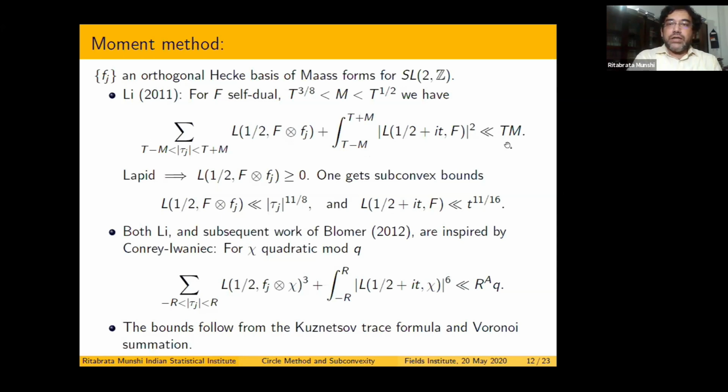Then this is bounded by T times M, so it's actually T to the power 1 plus epsilon times M, but I'm going to write it as T times M, roughly it's T times M.